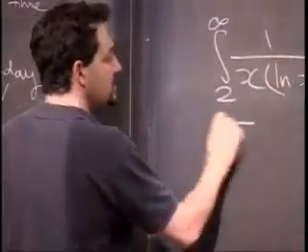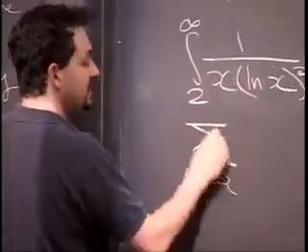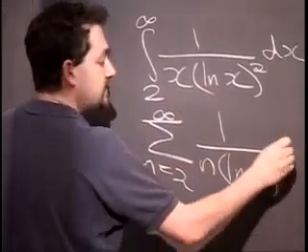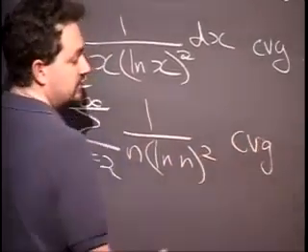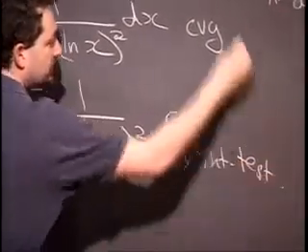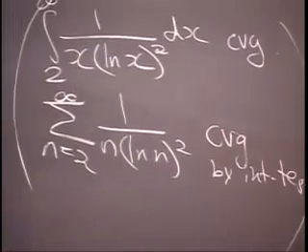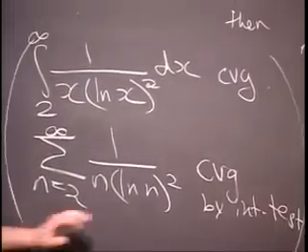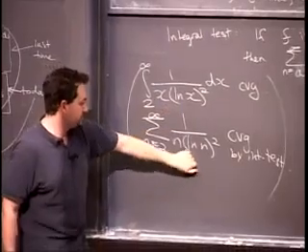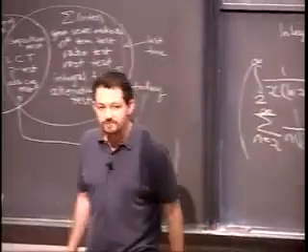So by repeating the same details, you can see that this series converges as well by the integral test. I'm giving you a very brief version because I want to do a lot of other stuff, but just repeat the previous argument and convince yourself that that series converges.